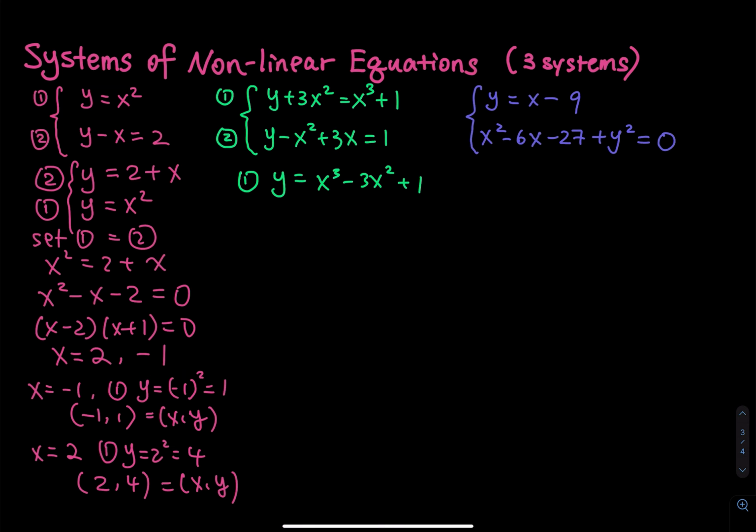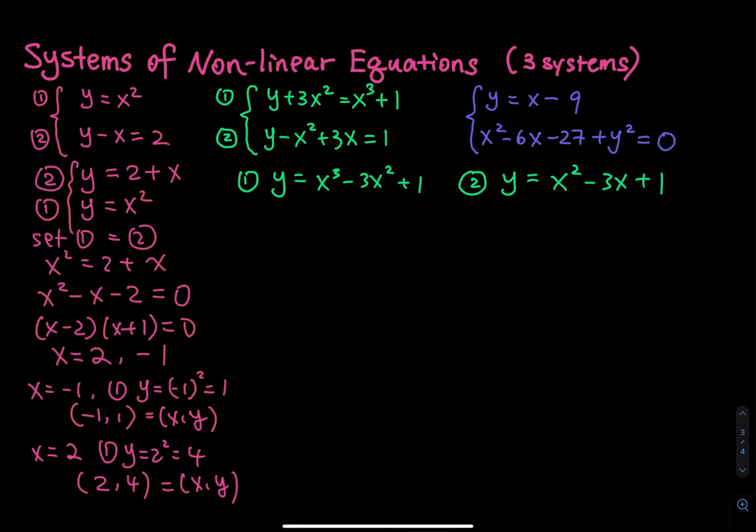And then number 2, I'm not going to squeeze everything in the same column. So number 2, this is y equals 1 plus, right? You know what? Let's put the degrees in ascending order. x squared minus 3x plus 1.